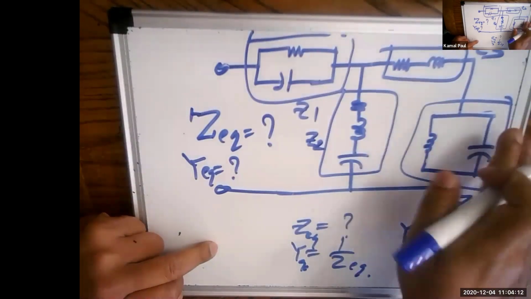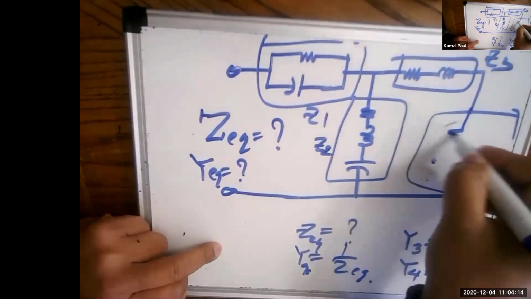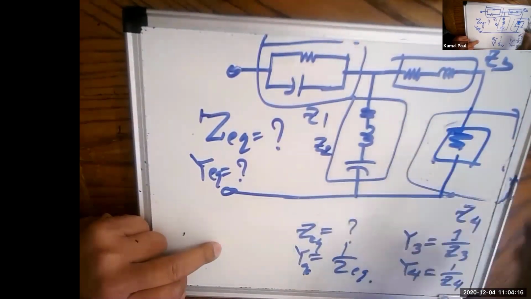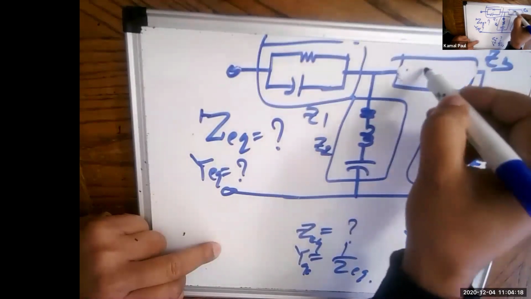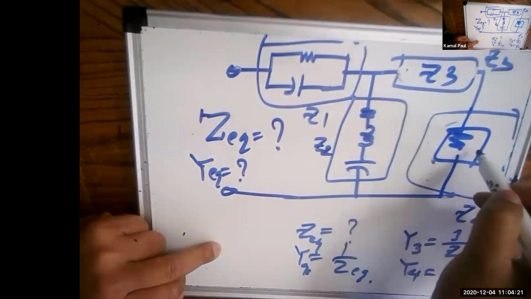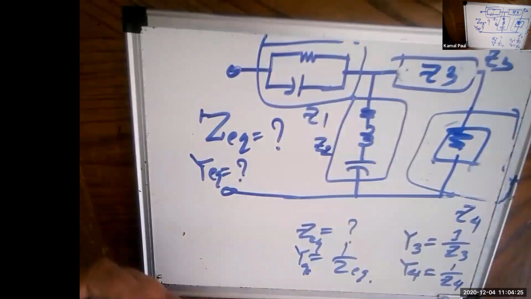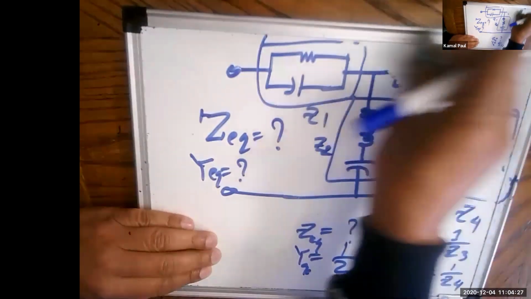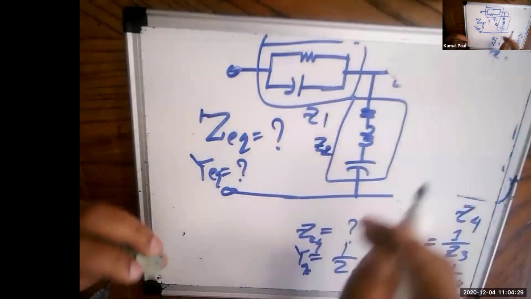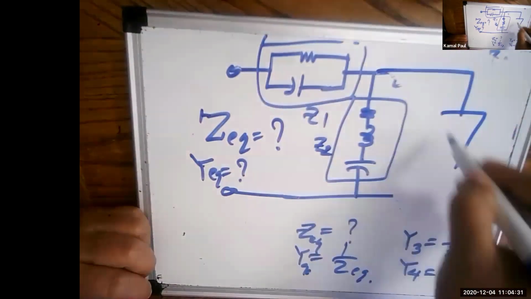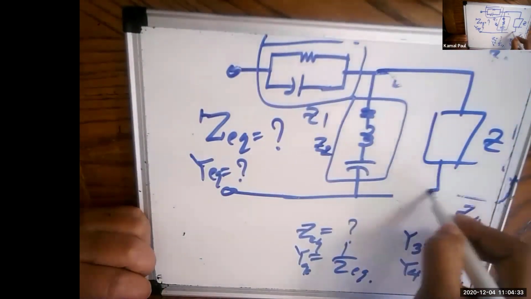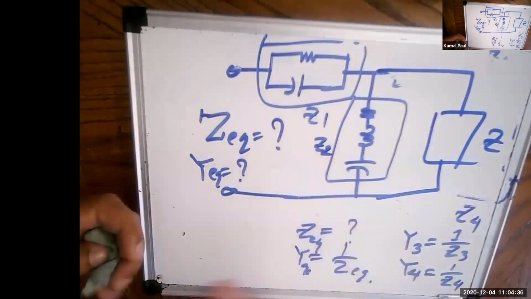Get a single value for here, something Z, get another single value for here, another Z3, and then these two are added because these two are in series. Now once these two are in series, if you replace these two branches with one branch here, you will get something Z here that is totally in parallel with this branch now.